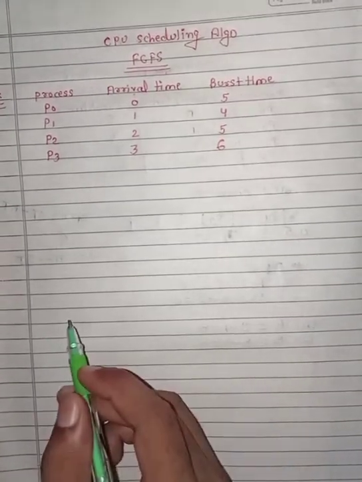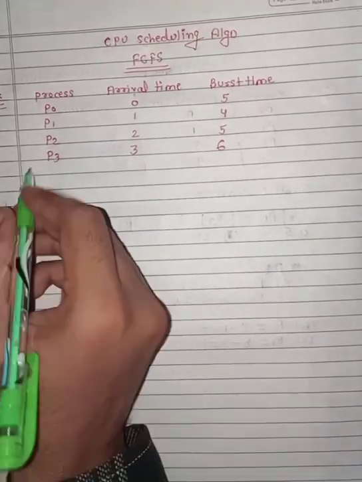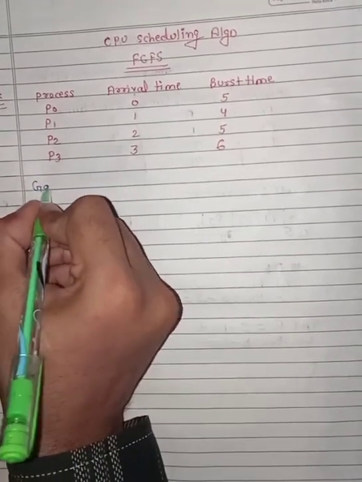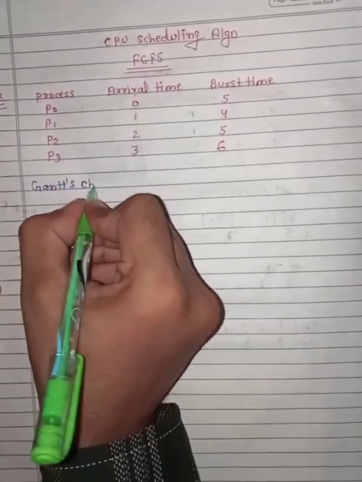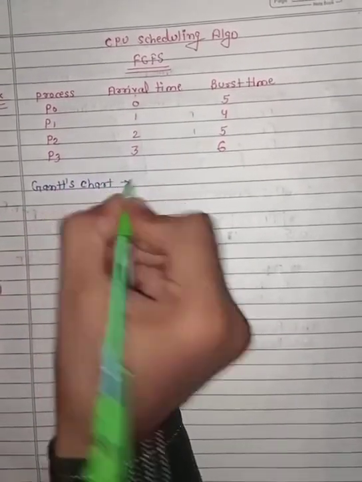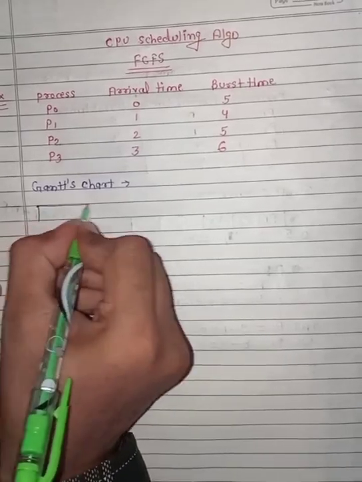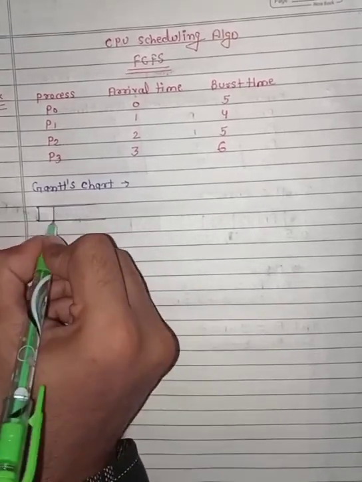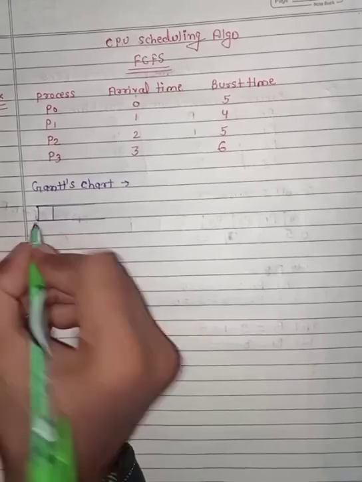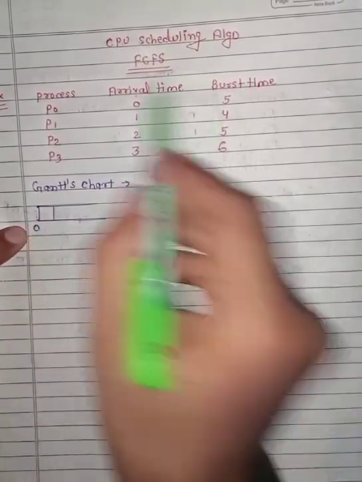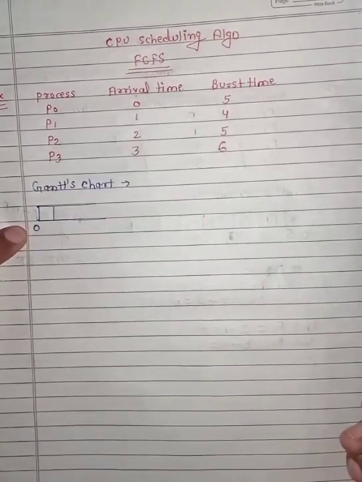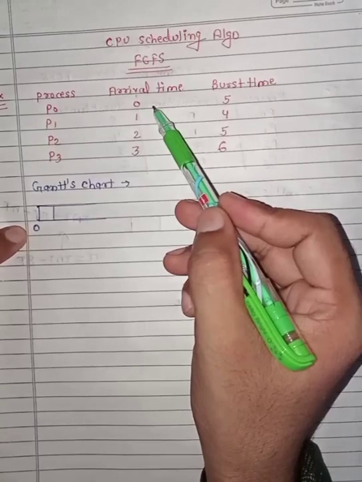Initially we have to make a Gantt chart to solve this question. In the Gantt chart, let's say the execution of these processes starts from time 0, at arrival time 0.